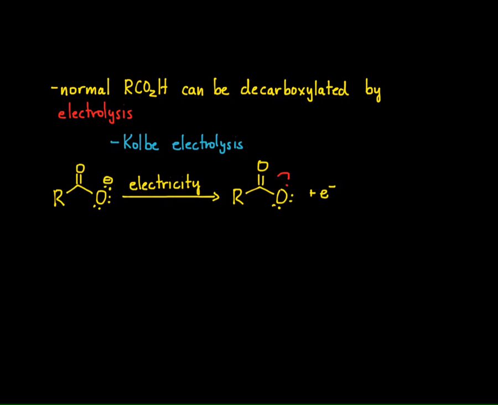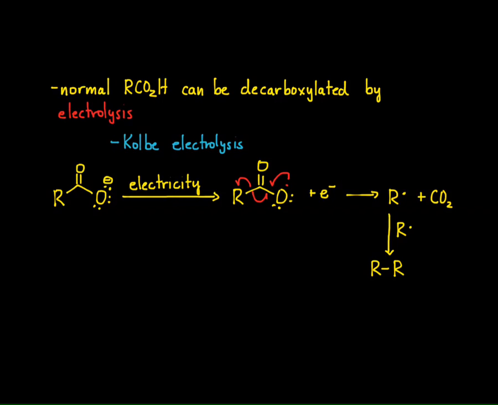Now we're undergoing a radical reaction, so that red electron moves in and forms a pi bond with one of the pair of electrons from the carbon-carbon bond to generate carbon dioxide, and the last electron then goes to that carbon. So what I end up with is an alkyl radical plus carbon dioxide. The carbon dioxide goes away as a gas.